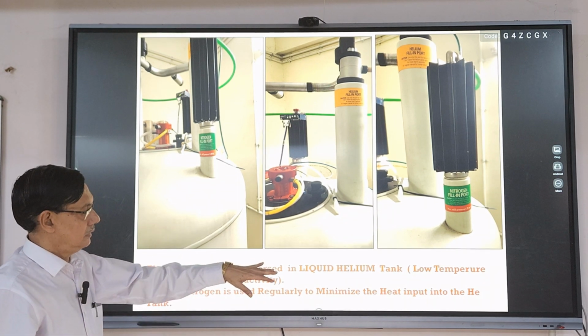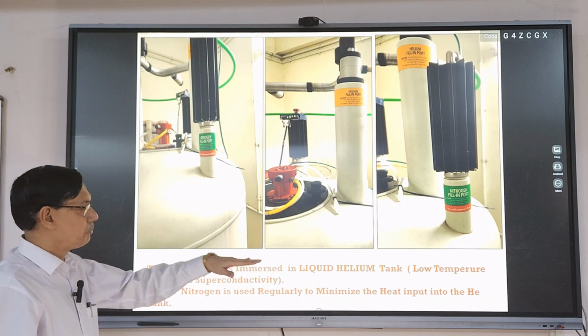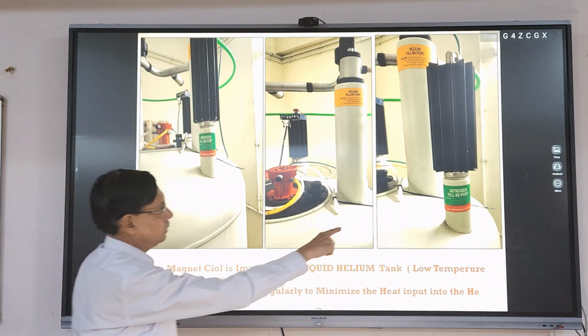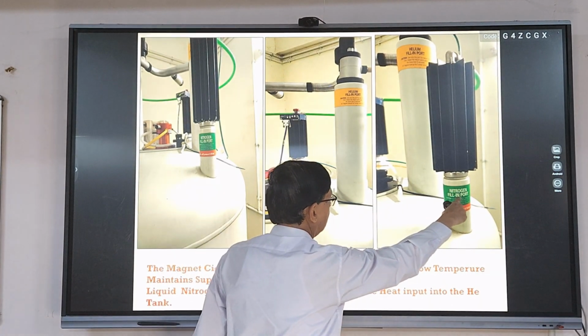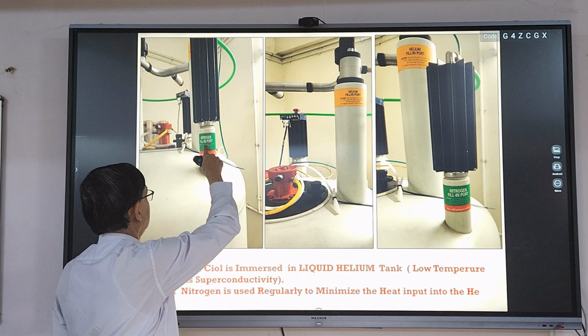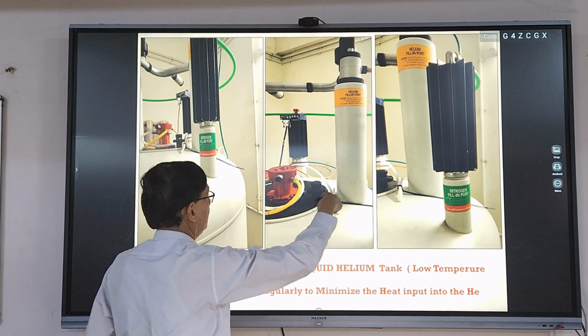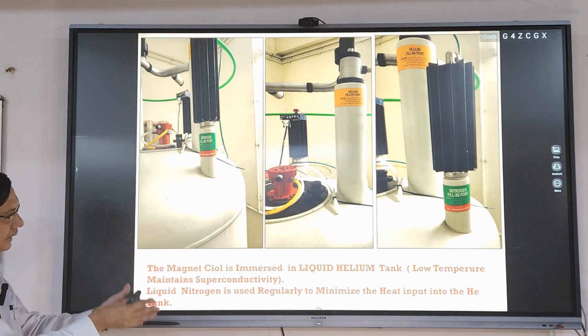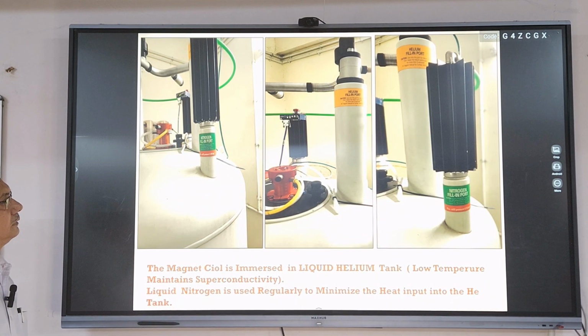That is one of the maintenance parts of the NMR machine. So here it is the nitrogen fill port, and it is liquid helium. There are two tanks, a helium tank and a nitrogen tank.